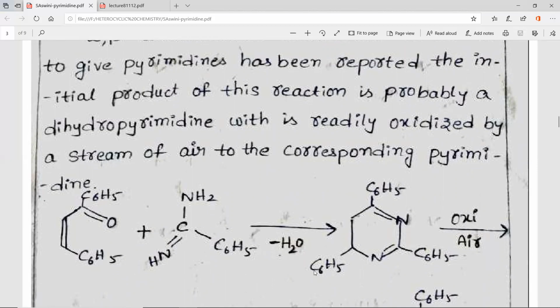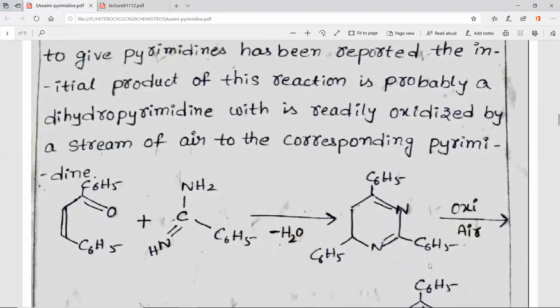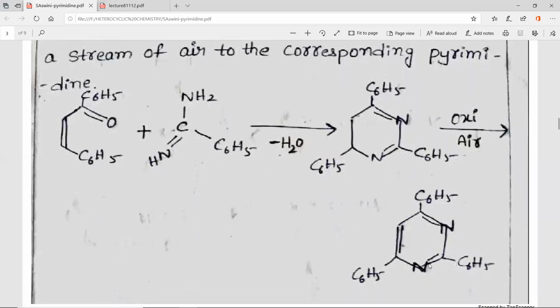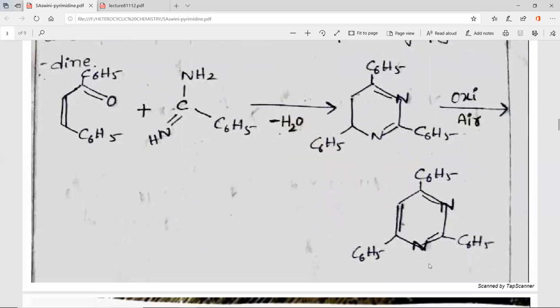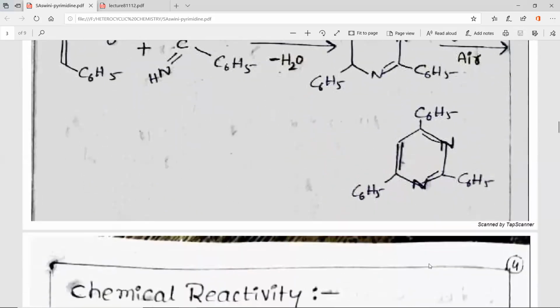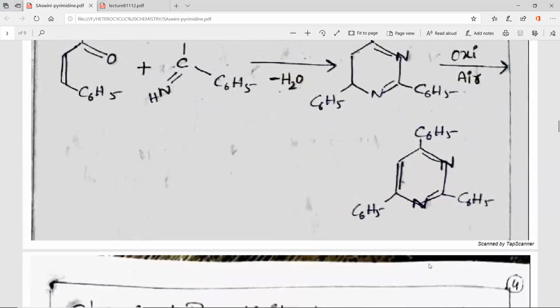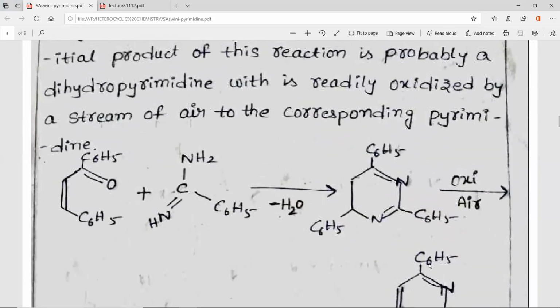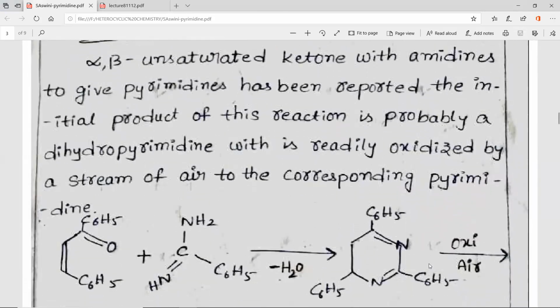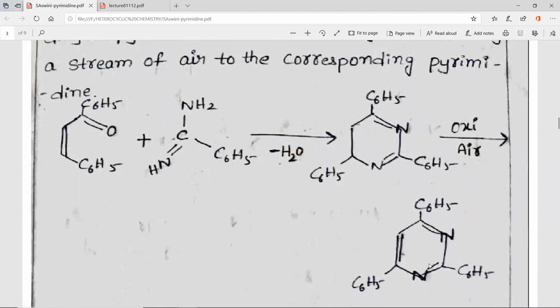With loss of water molecule, it forms a dihydropyrimidine derivative, which on oxidation undergoes dehydrogenation to give the substituted pyrimidine, 2,4,6-triphenyl pyrimidine. These are 4 different methods of the synthesis of the pyrimidine and its derivatives.